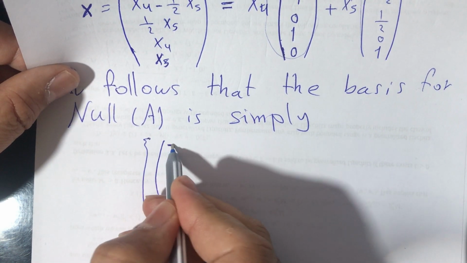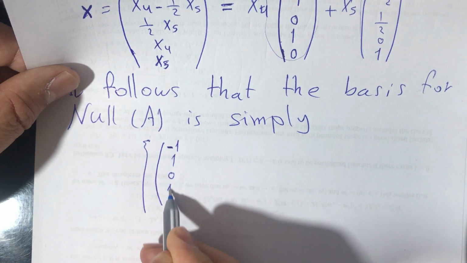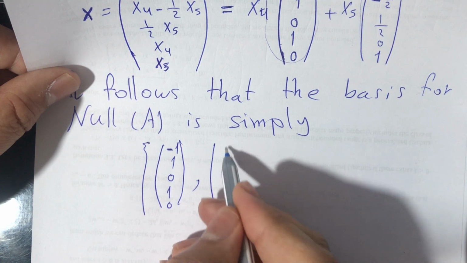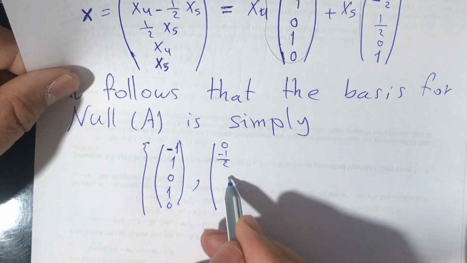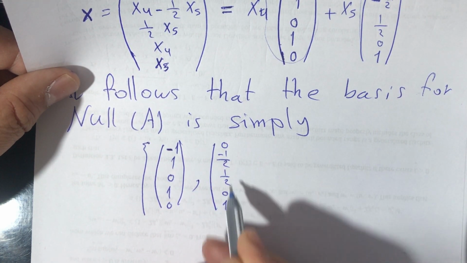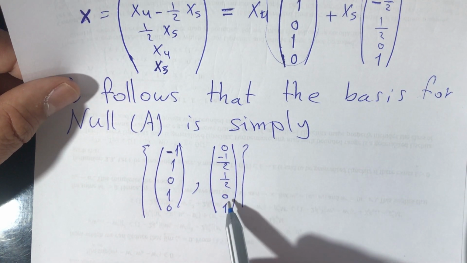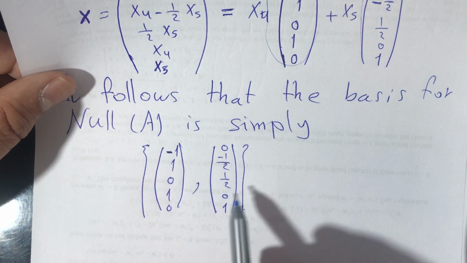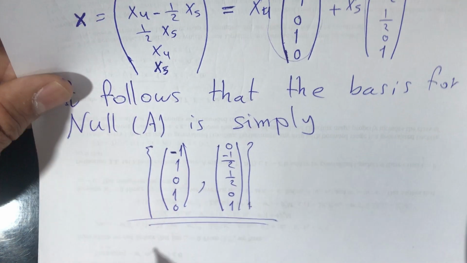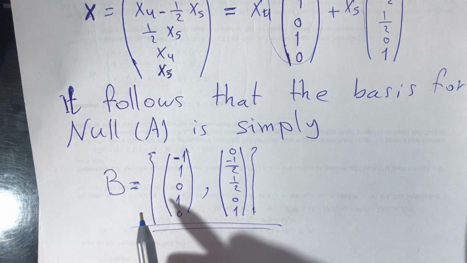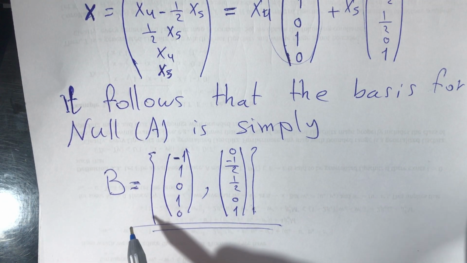First vector is minus 1, 1, 0, 1, 0, and the second vector is 0, minus 1/2, 1/2, 0, 1. This is the basis for null A. We call it B, basis for null A.